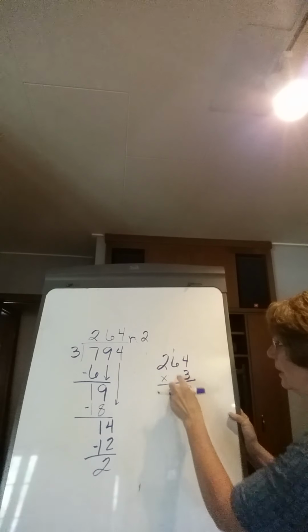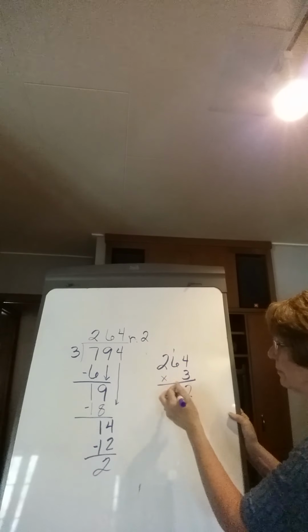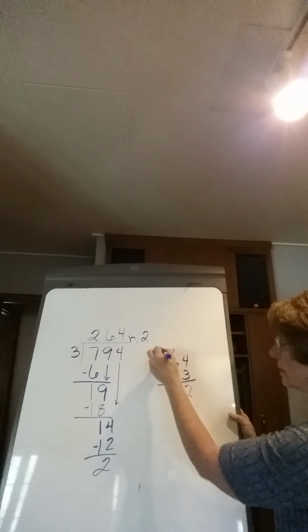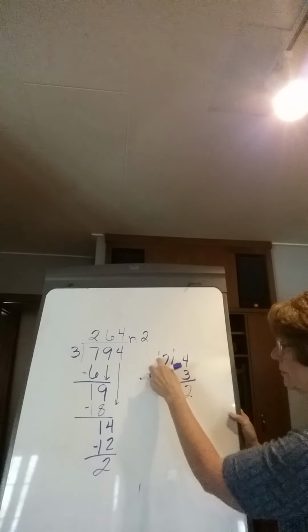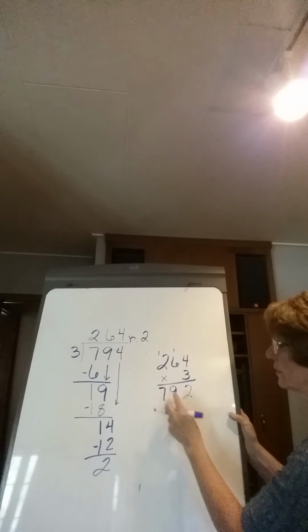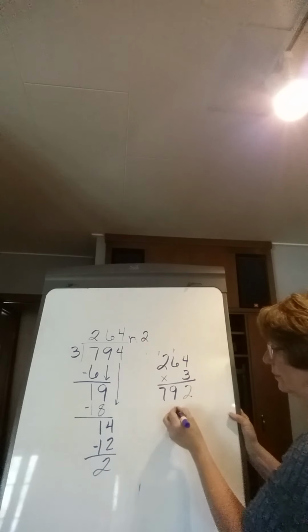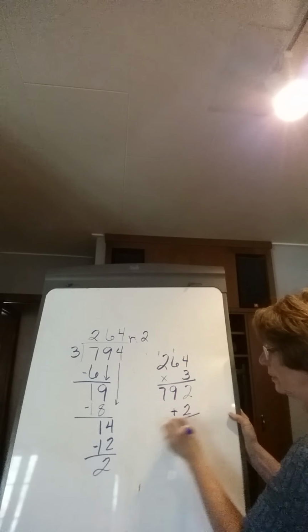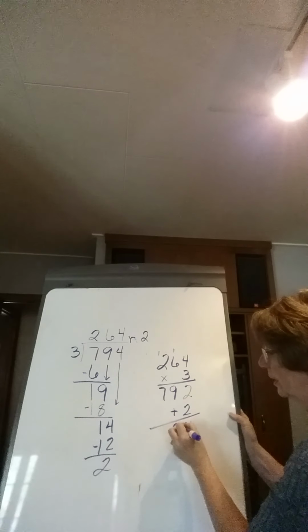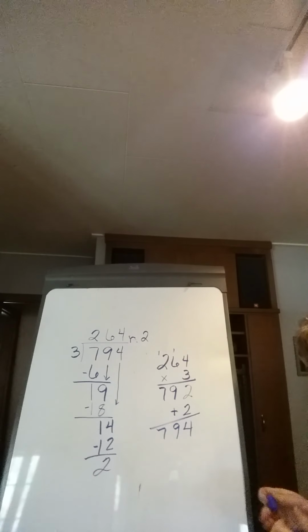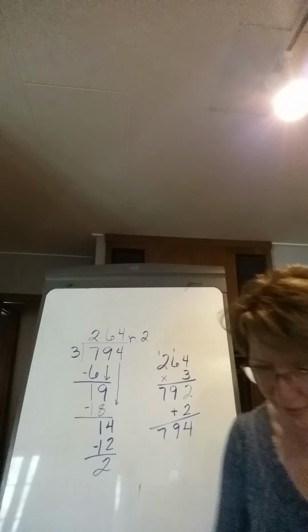Carry your 1. 6 times 3 is 18, plus 1 is 19. I put the 9 underneath the 6. Carry your 1. 2 times 3 is 6, plus 1 is 7. So you have 792. Don't forget the 2 there. So then you add your remainder. And you did it correctly. Okay? Easy enough? All right.